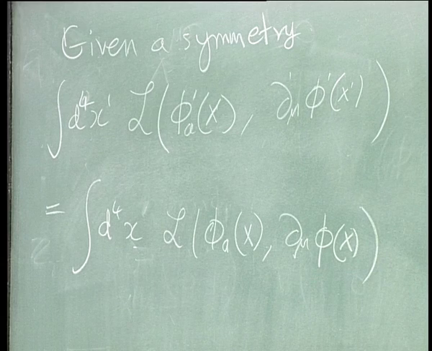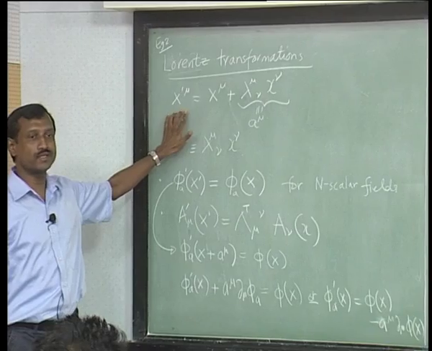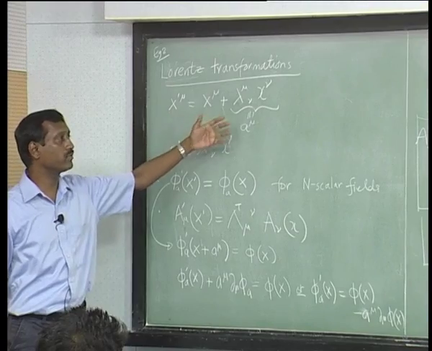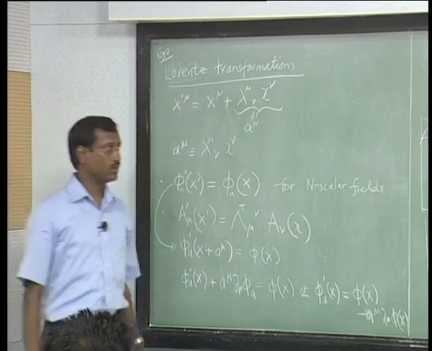Okay. And one new ingredient which comes here is that when things act on space time, there could be a non trivial change in the Jacobian between x prime and x.